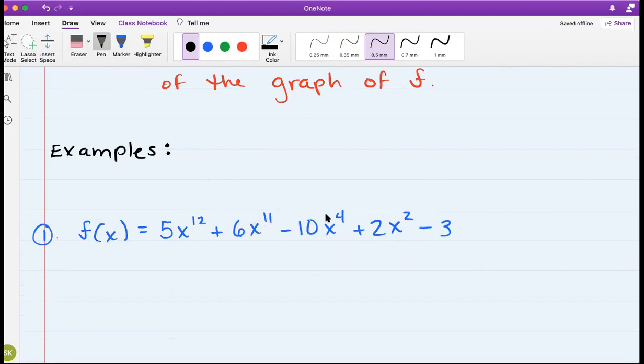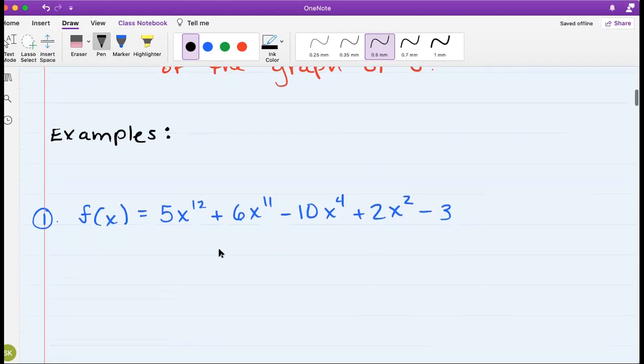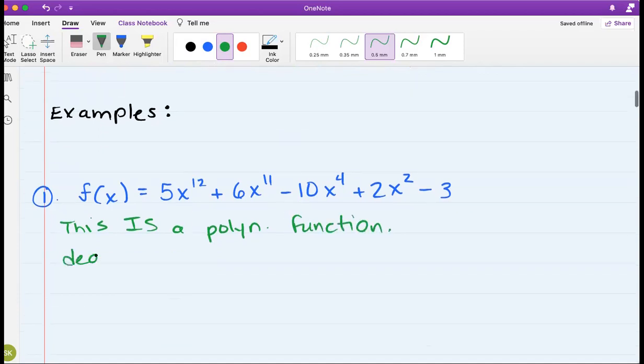So I have a 12, 11, a 4, a 2, and this one has a power of 0 on the x. This is a polynomial function. I'm going to abbreviate it because I don't want to write it so much. Polynomial function. The degree here is 12. That's the largest power I see on an x.